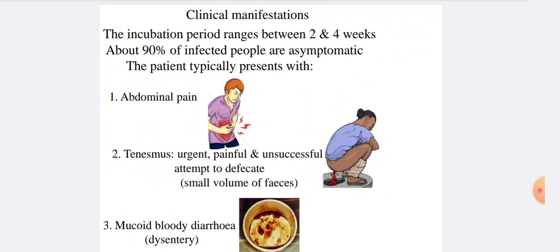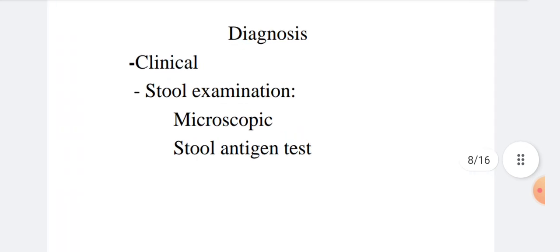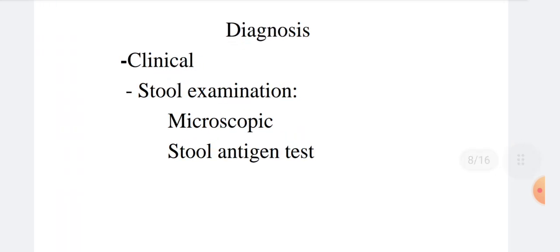There will be a small volume of feces and mucoid bloody diarrhea, which is dysentery. Diagnosis: clinical assessment, then stool examination, microscopic examination, and stool antigen test. In stool antigen test, the aim is to detect the antigens of the Entamoeba histolytica in stool.